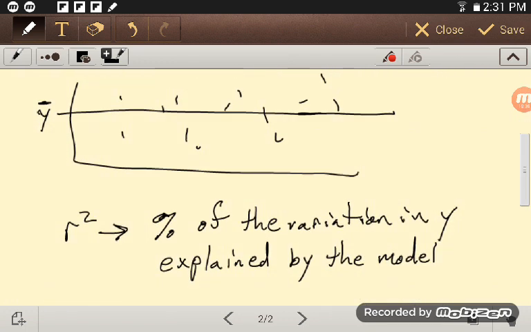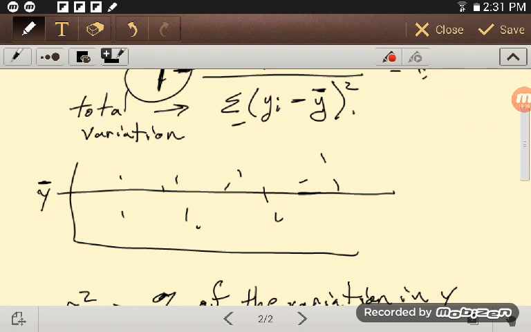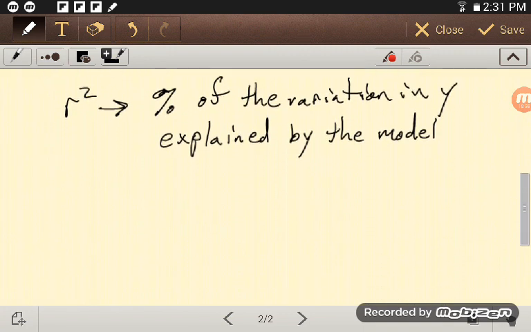And again, if there was no slope and so forth, then the model would just be flat like this, and the data would be this way, and actually this line would be at y bar.